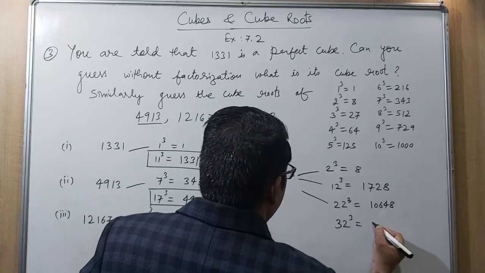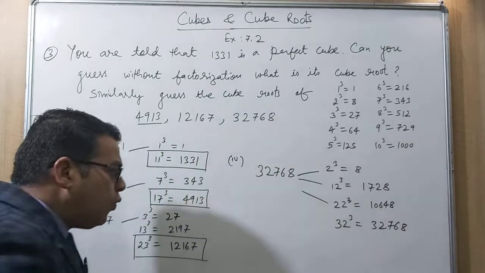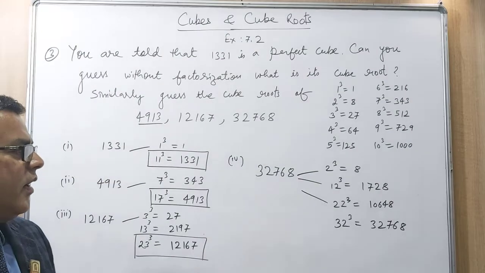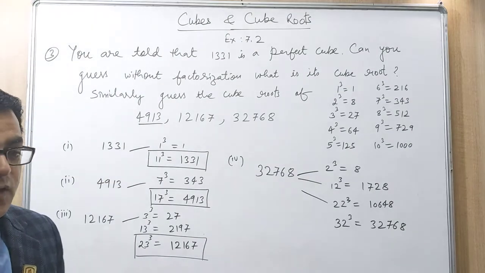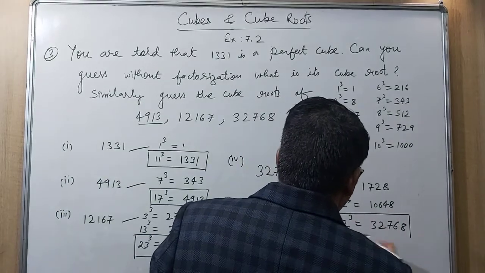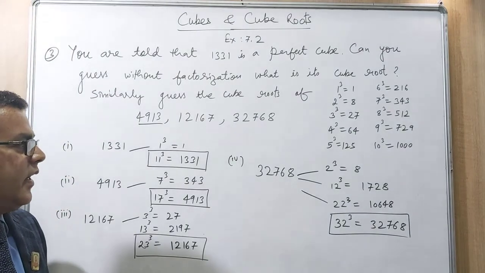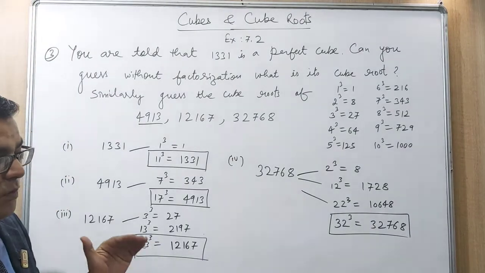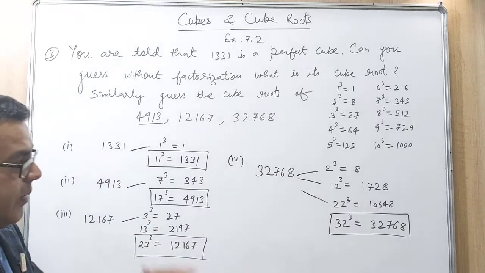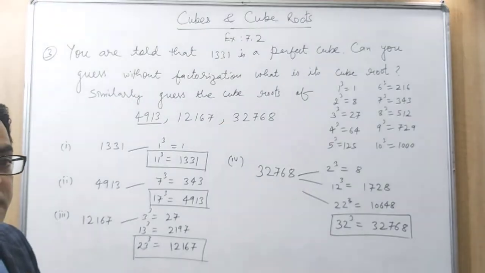So cube of 32, if you calculate, we get 32,768. So cube of 32 is 32,768. So without much calculation, we are able to find cube root of these numbers, right?